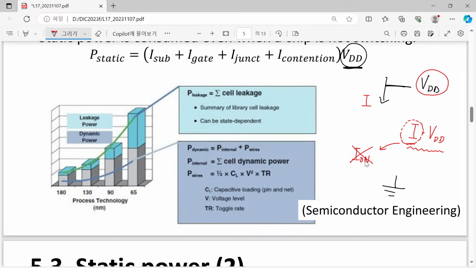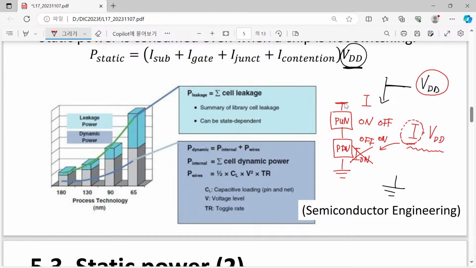On current doesn't matter because we have a pull-up network and a pull-down network, and in our CMOS circuit in its steady state, only one of them is turned on and the other is turned off.